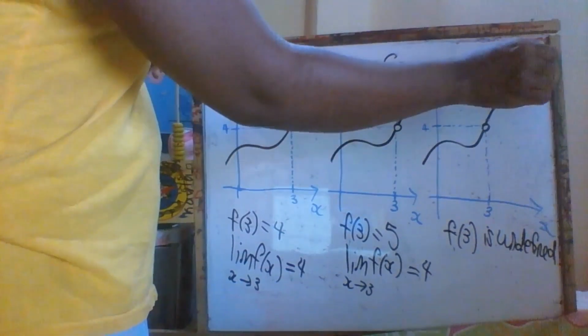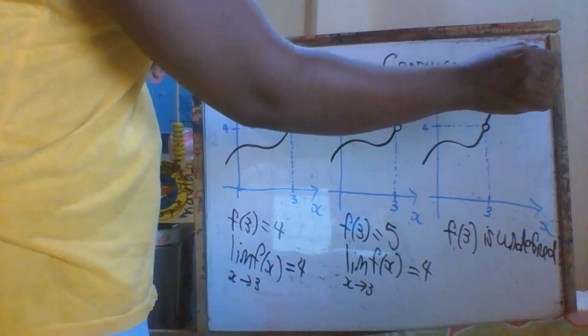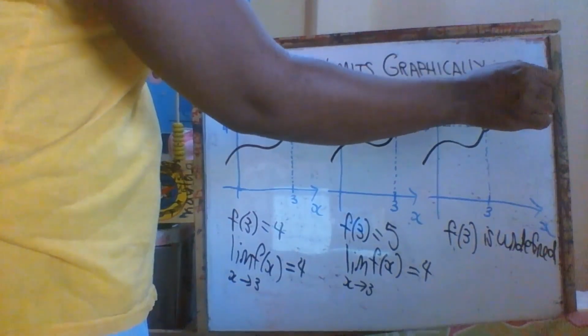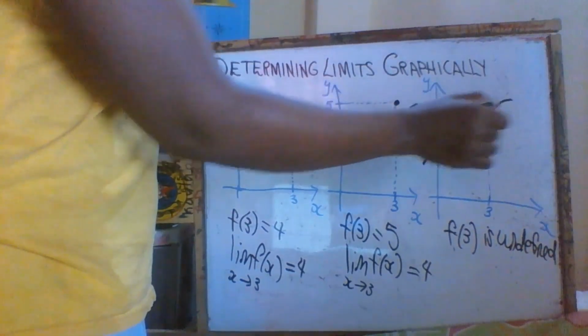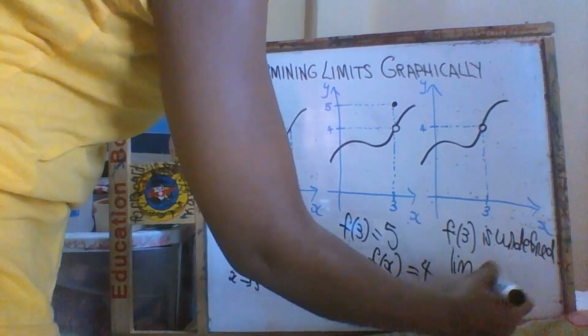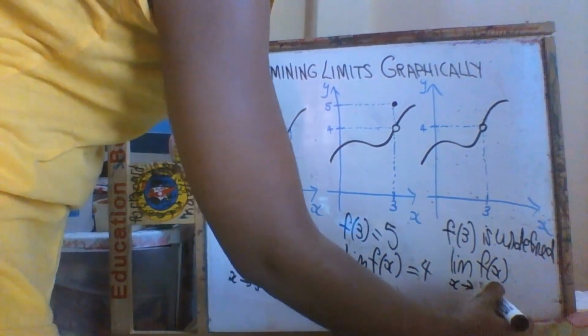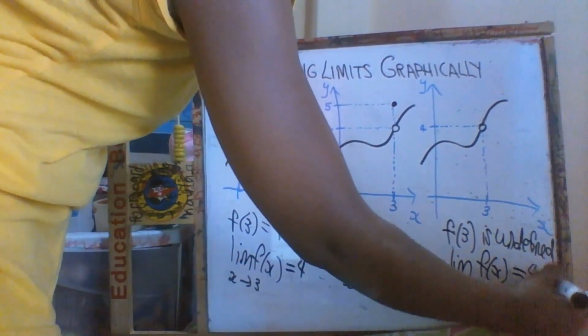We only care about where the function seems to be going, and it seems to be going towards this point here, and at this point your y value is 4, which means the limit of f of x as x goes to 3 is equal to 4.